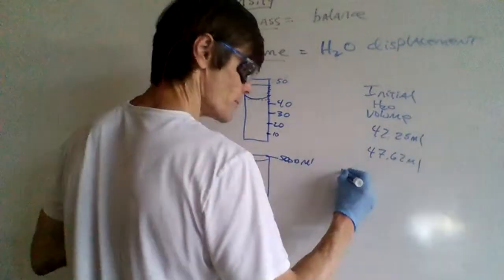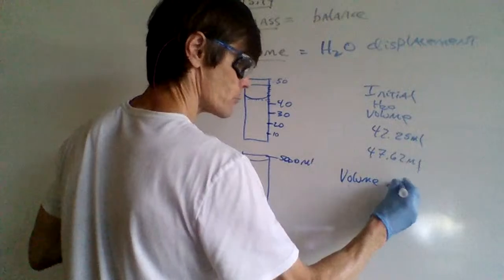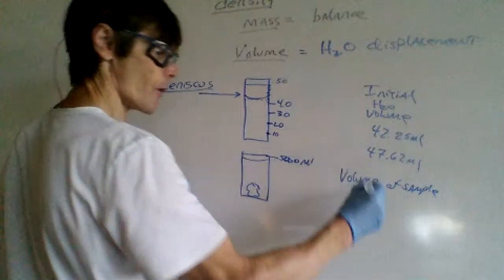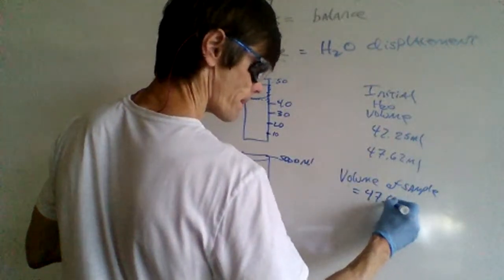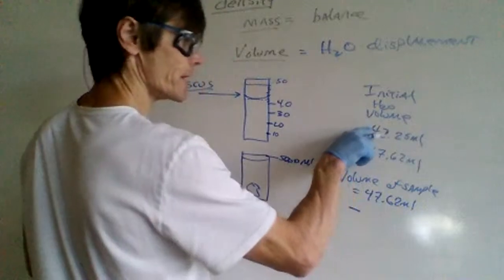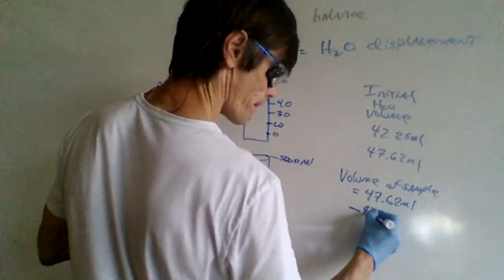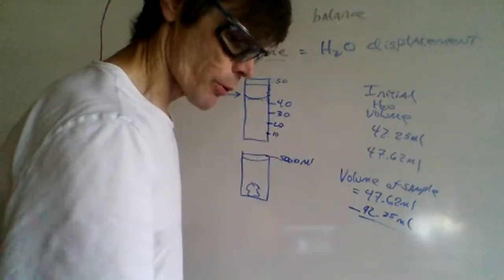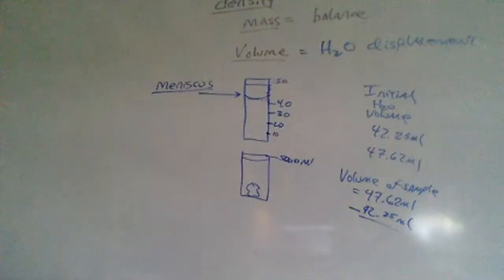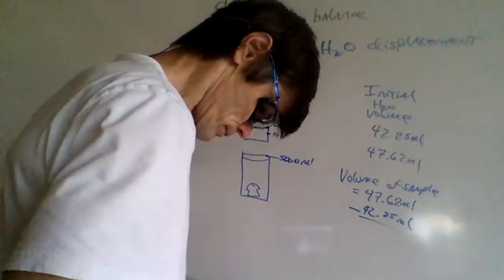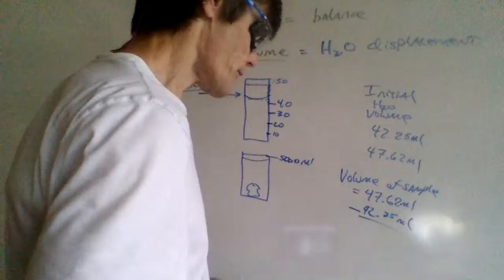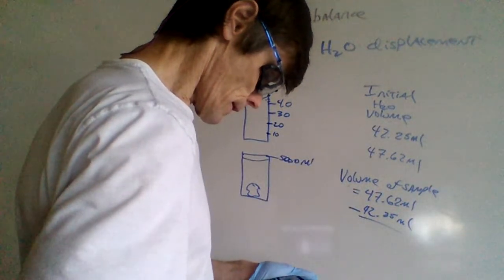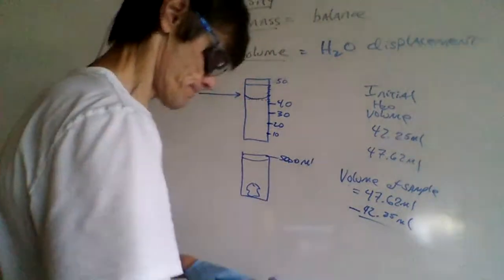So the volume of the sample is equal to the final volume of water minus the initial volume. 47.62 minus 42.25. I got 5.37 milliliters.